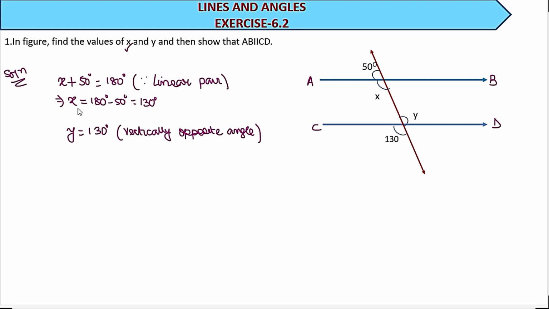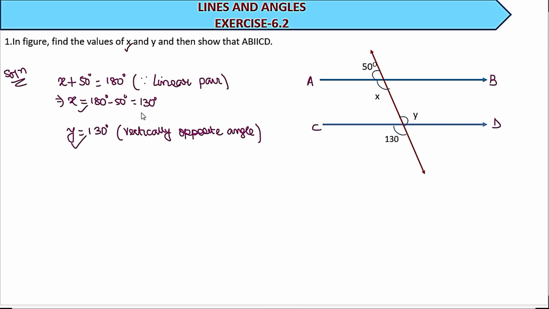So the values of x as well as y have been found. Now x and y are in such a position that they are alternate interior angles, right? And alternate interior angles are equal.